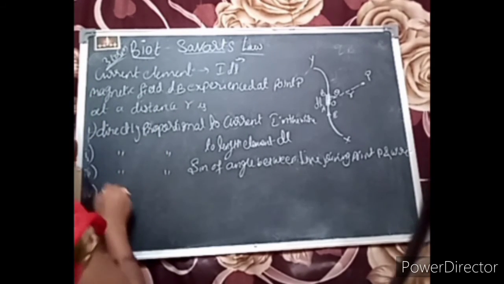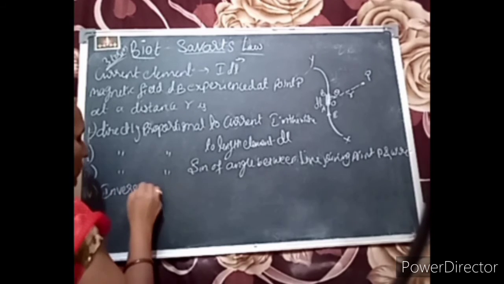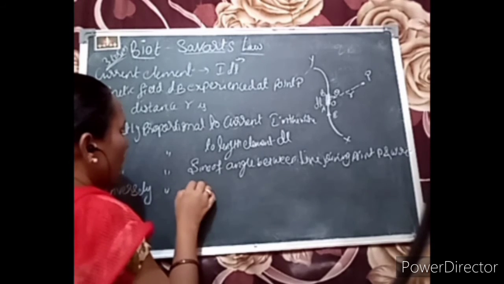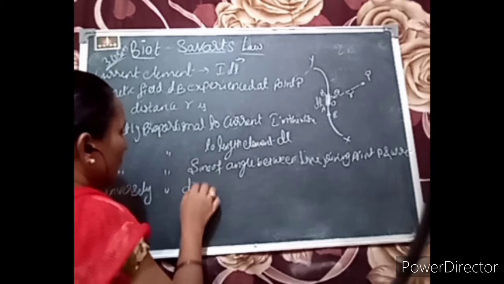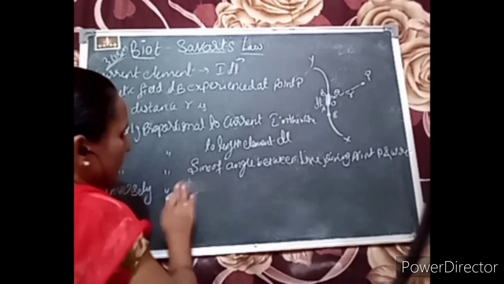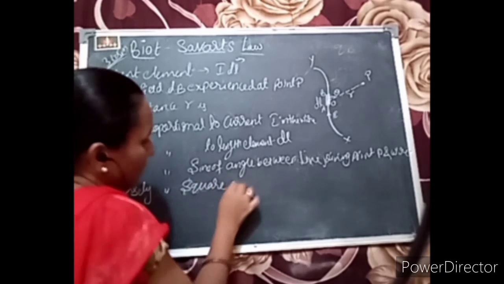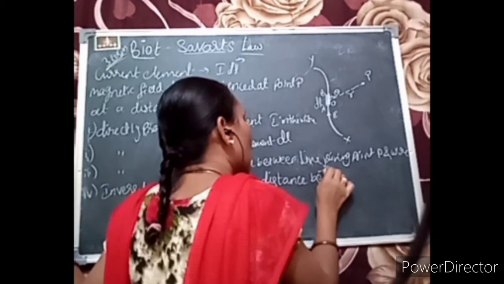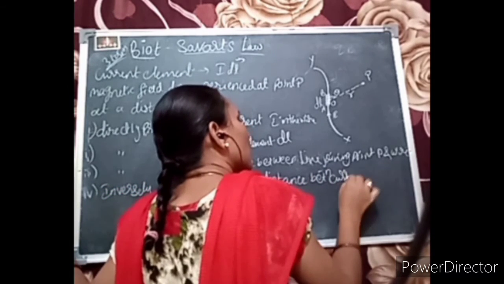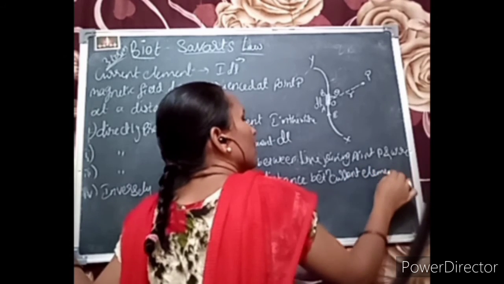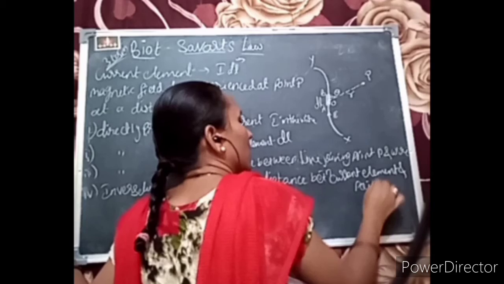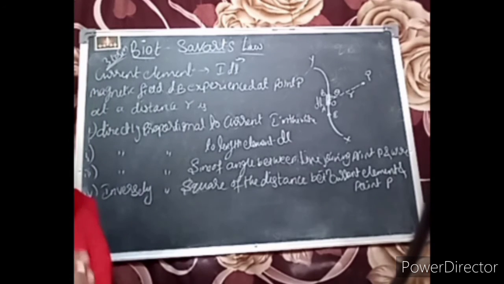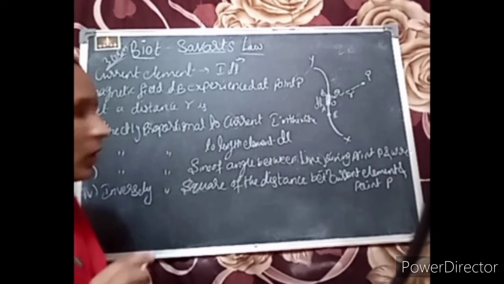Then the fourth one, inversely proportional to the square of the distance, sorry for that, the square of the distance between the current element and point P. Current element and the line joining point P. Fine.